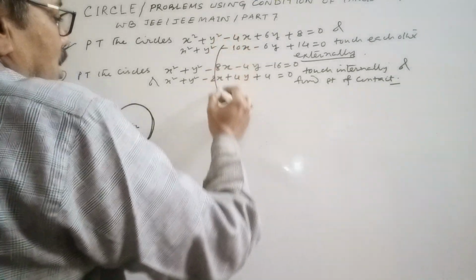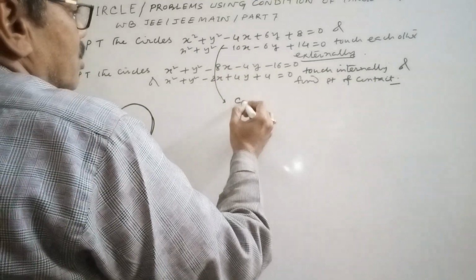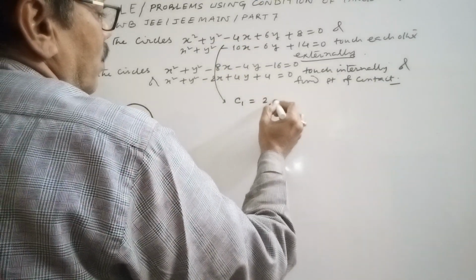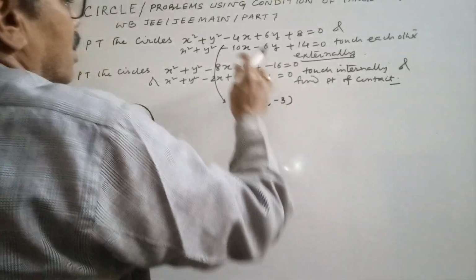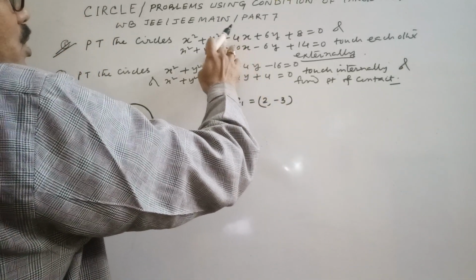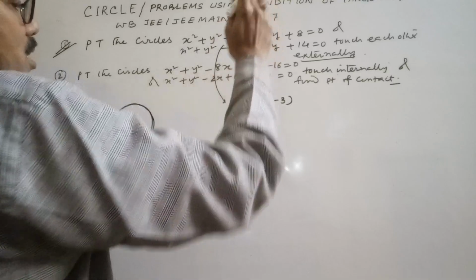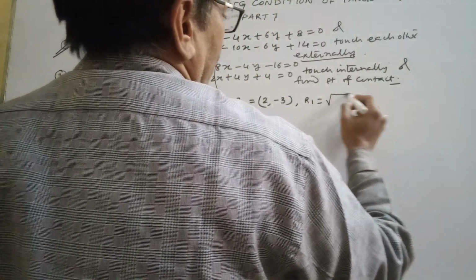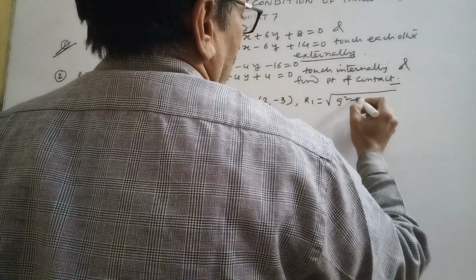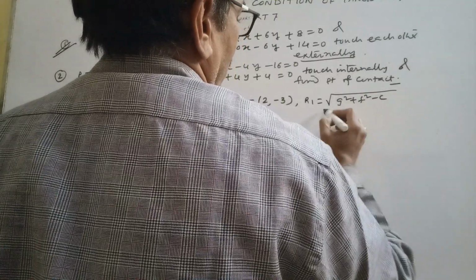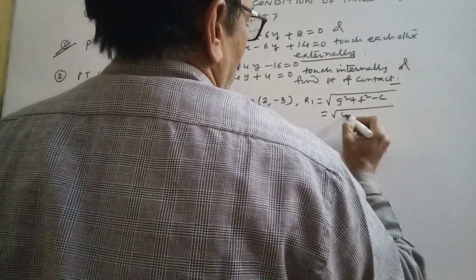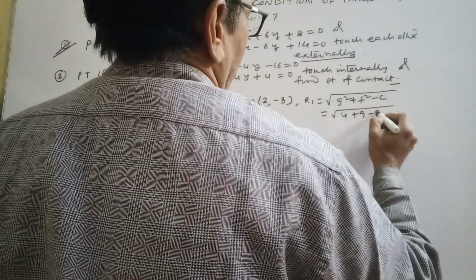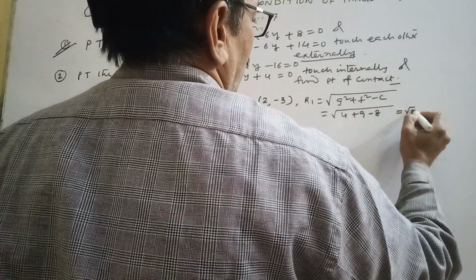Now, for the first circle, what is the center? C1 equals 2, minus 3. Minus 4, divide by 2, change the sign. And what is R1? R1 is g square plus f square minus c. So 4 plus 9 minus 8. So this is root 5.